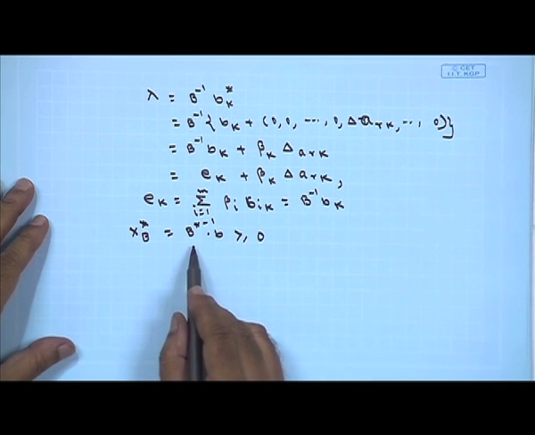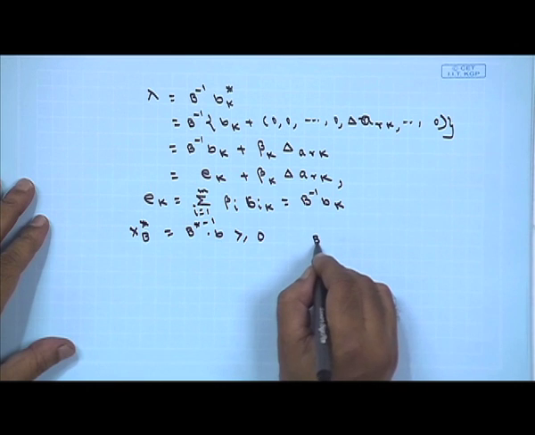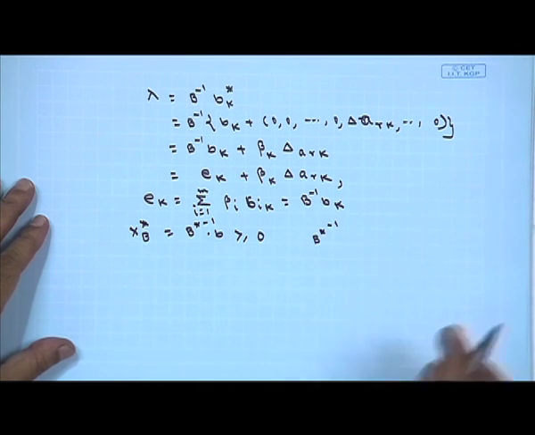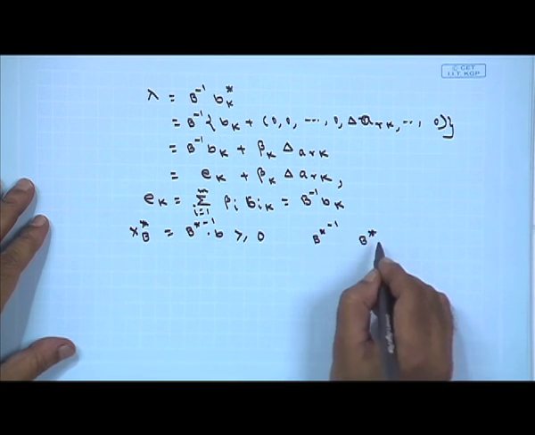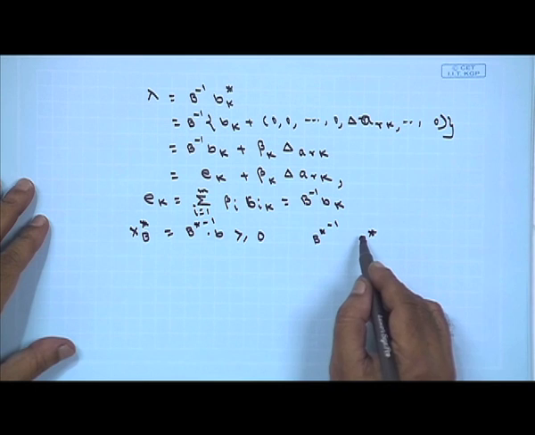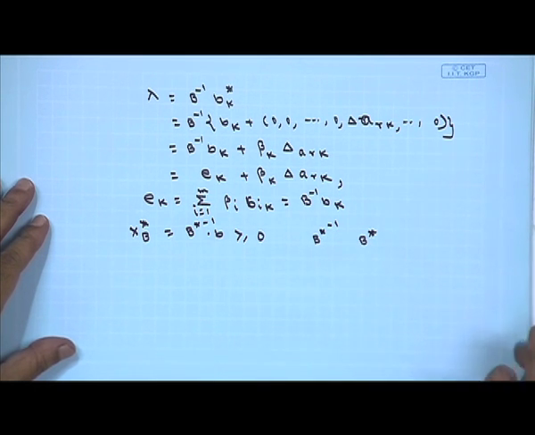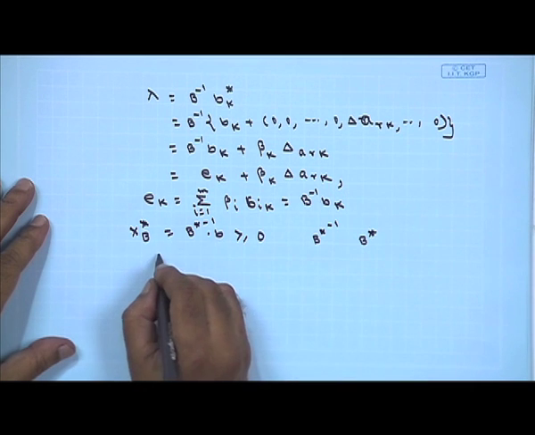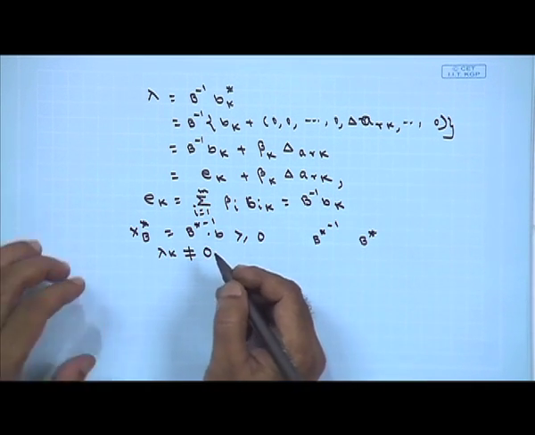Now, B star inverse will exist only when B star is non-singular. As we know, only if B star is non-singular will B star inverse exist. So, we must have this delta k not equal to 0.